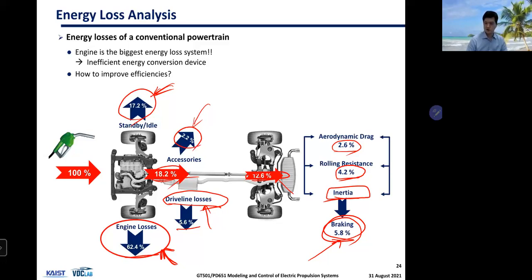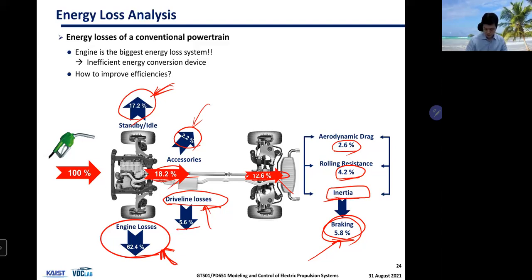So efficiency is 0. So you want to reduce all of this, a little here, a little bit there. That's what people have been doing. And with electrification, you can improve engine losses, you can improve the idling problem, you can reduce braking losses, and so forth.